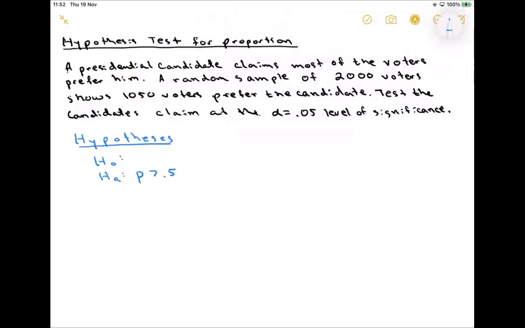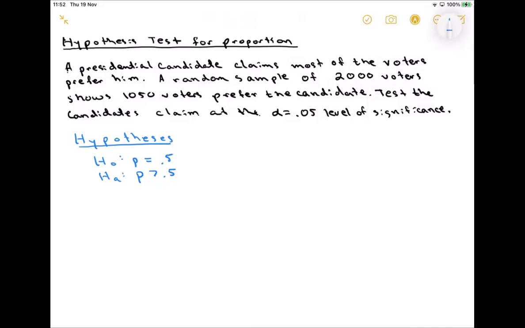The inequality always goes in the alternate. And we can use p equal 0.5 for the null. If we disprove equality, we're going to prove inequality, and that's the method.